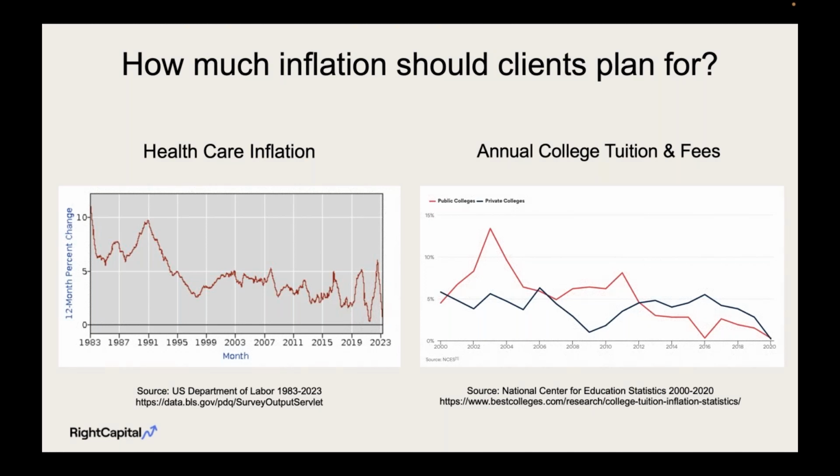We can see, of course, that the trends here are a little different from the Department of Labor and the National Center for Education Statistics, whether we're looking at different timelines, but ultimately at 5% for healthcare cost inflation and 5% for inflation for annual college tuition and fees, we are going to see, again, that data meeting historical thresholds, but also showing maybe some projections that will be pretty astonishing to clients as they look to their future cash flows.